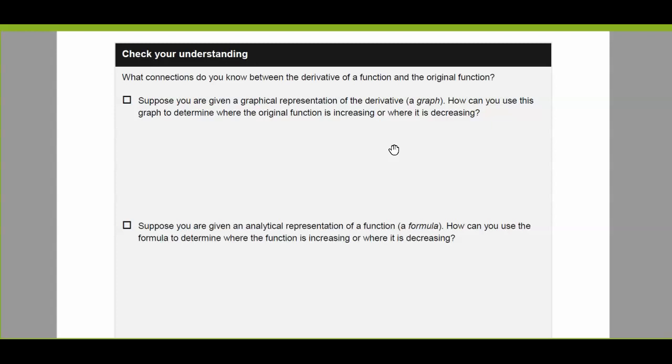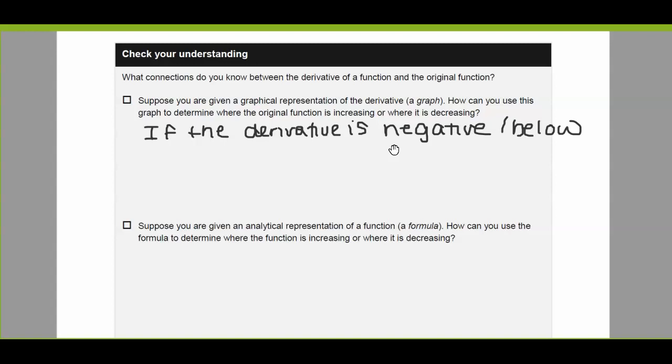Well, just like the example above, if the derivative is negative or below the horizontal axis, you want to talk in terms of graphing words.